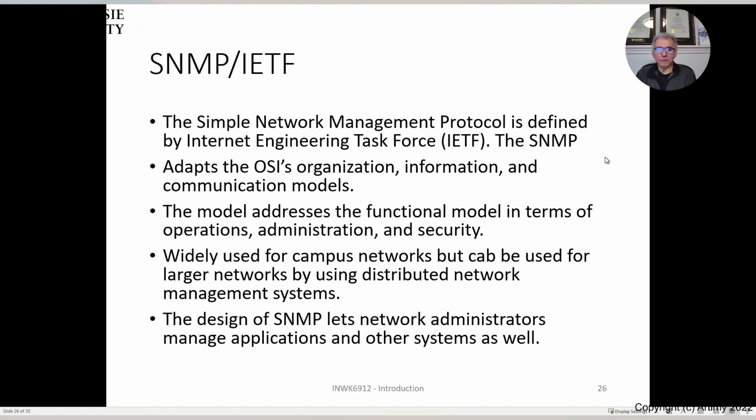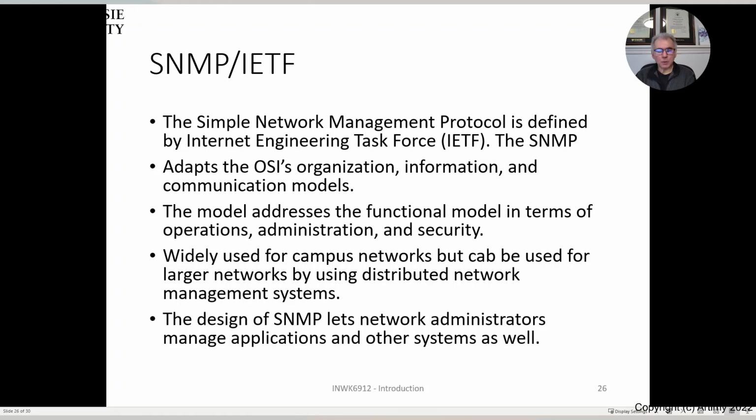And finally, the SNMP, which I left to last. The SNMP came from the Internet Engineering Task Force.